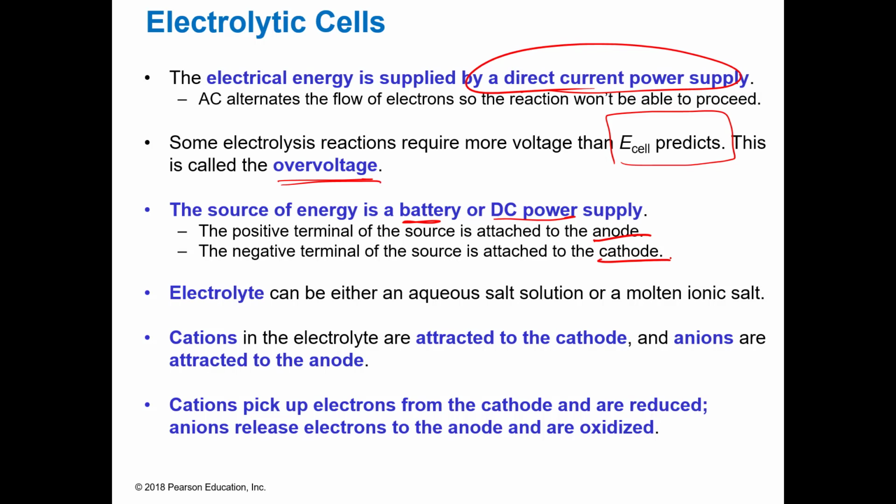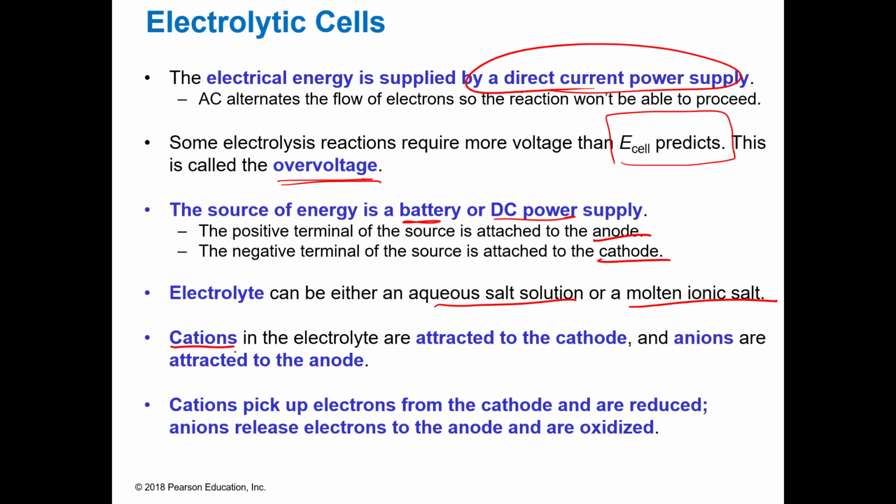An electrolyte, as you should have learned long ago in acids and bases, can be a salt, acid or base, or it can be a molten ionic salt. Molten ionic salt means that it doesn't have water in it, but it is heated to a point where it is a liquid and flows like a liquid.